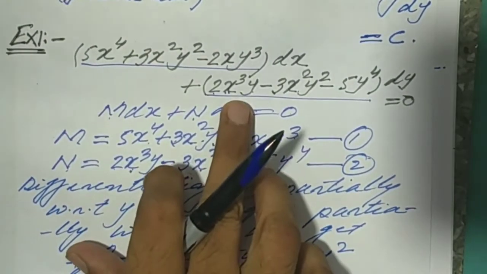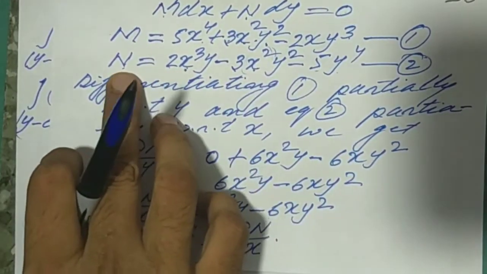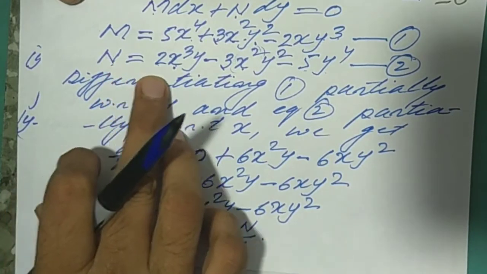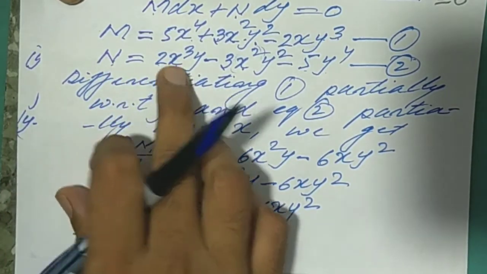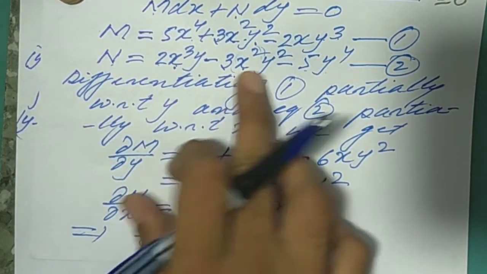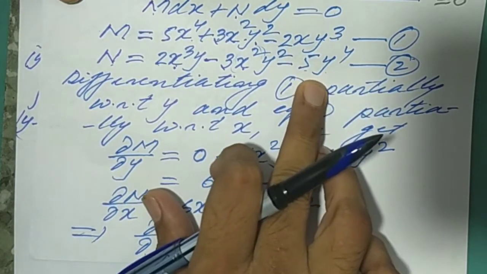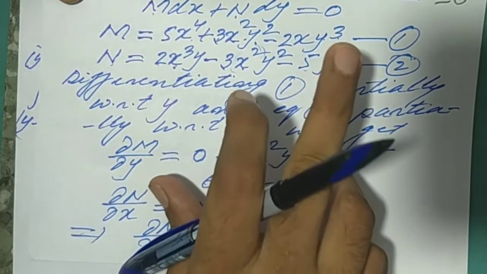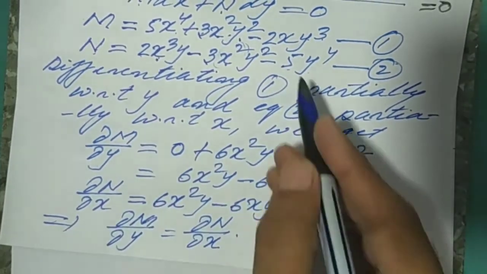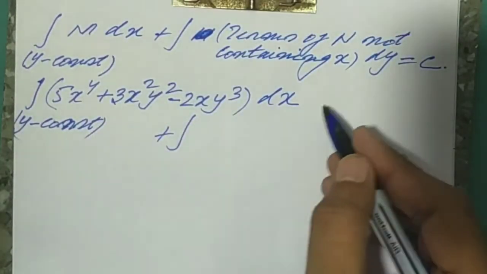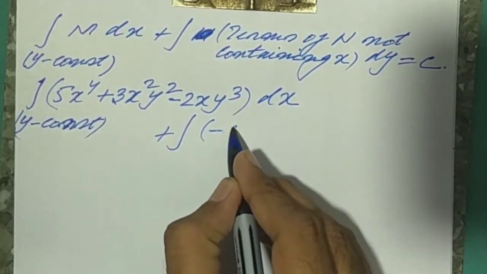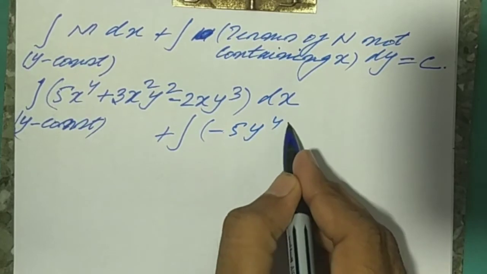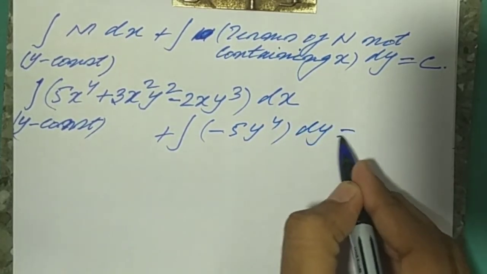So if we observe in N, the first term has x, so we have to ignore it. The second term has x, we have to ignore it. The third term doesn't have x, so we have to take only this term. So minus 5y raised to the power 4, dy is equal to c.